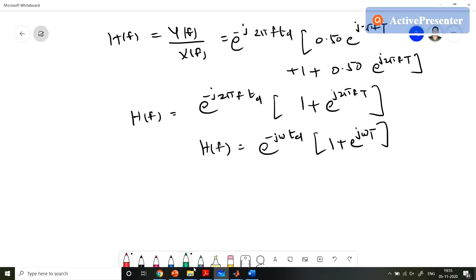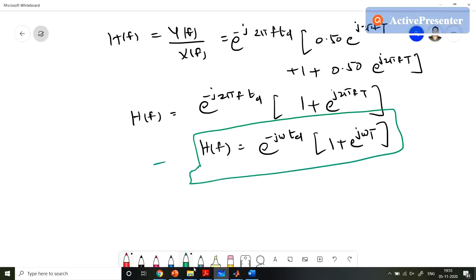So this is the final relation. This is the transfer function.